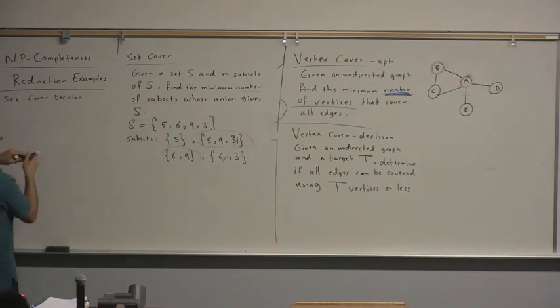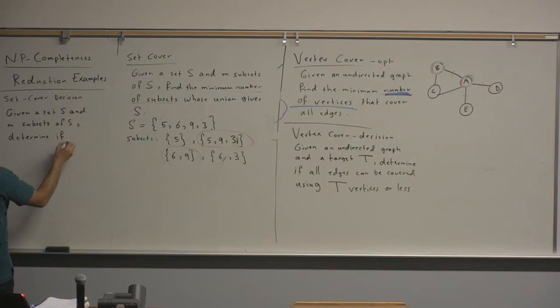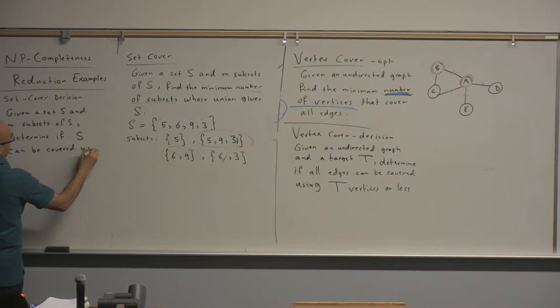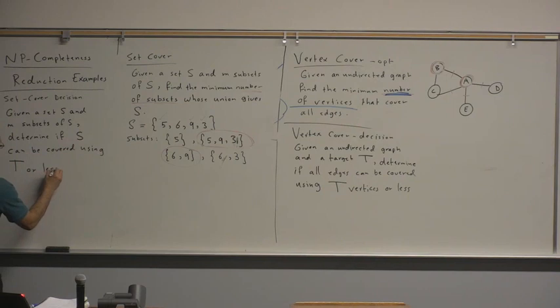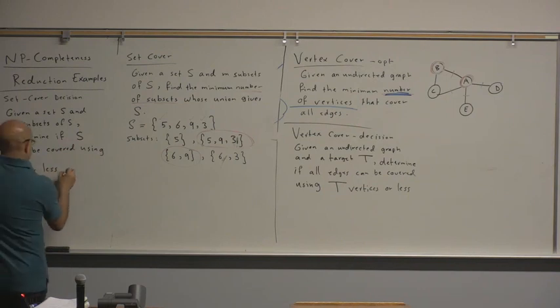So set cover decision: given a set S and M subsets of S, determine if S can be covered using T or less of the given subsets.